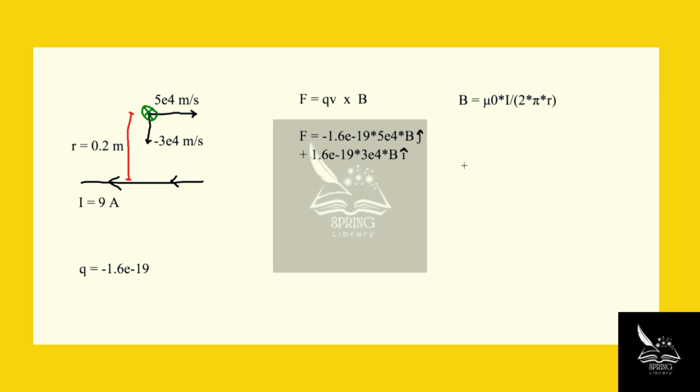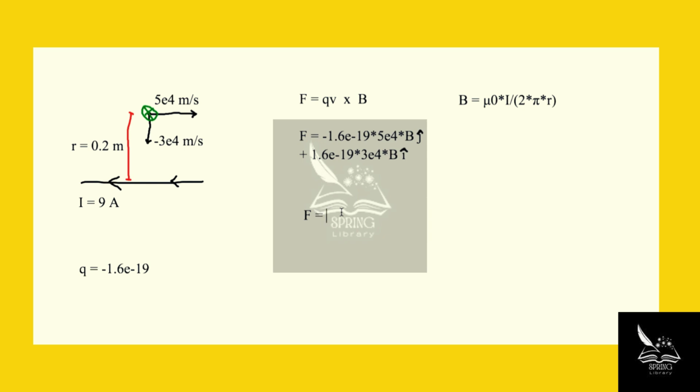Now all we have to do is plug in the value for B, plug in I, and plug in r, and that should give us our actual numbers.